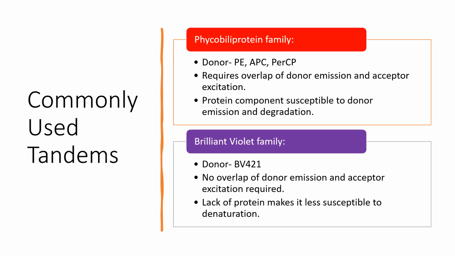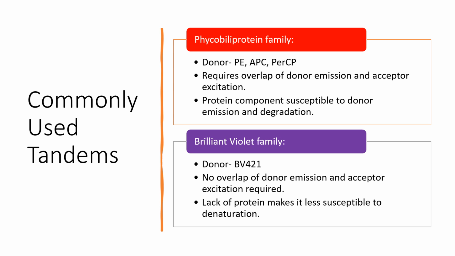The commonly used tandem dyes fall under two major families, the phycobiliprotein family and the brilliant violet family. The donors in the phycobiliprotein family are usually PE, APC, and PerCP. This family requires an overlap of donor emission and the acceptor excitation wavelengths.